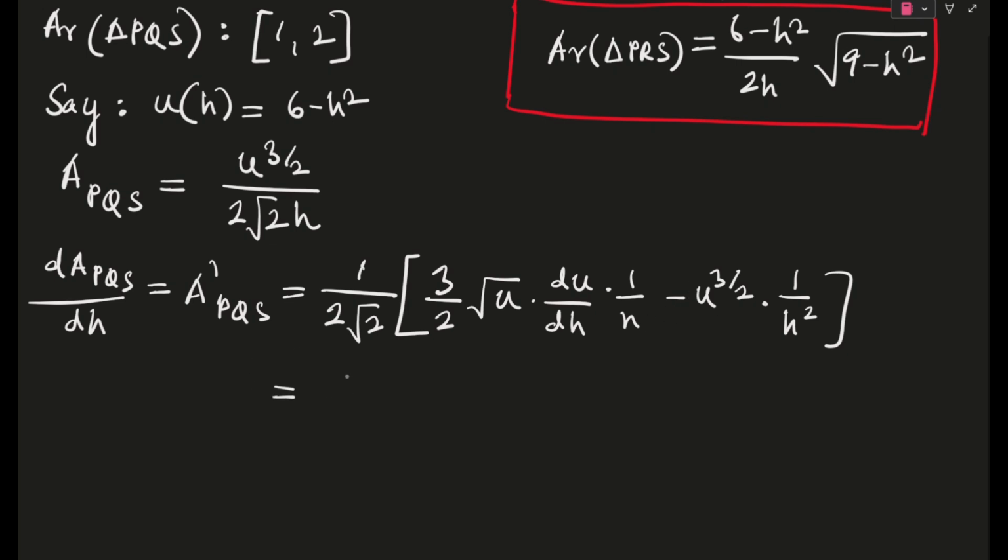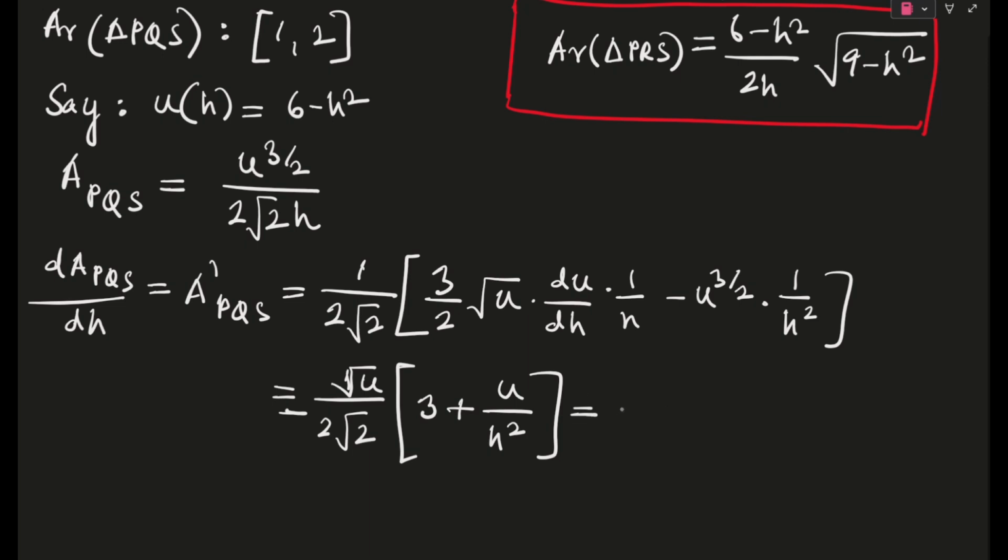Okay, so guys, 1 by 2 root 2 this is, and if we evaluate this, I'm directly writing the result out. This is minus root u, and inside this will actually come out to be 3 plus u by h squared. I have not jumped a lot of steps, little bit of manipulation you have to do.